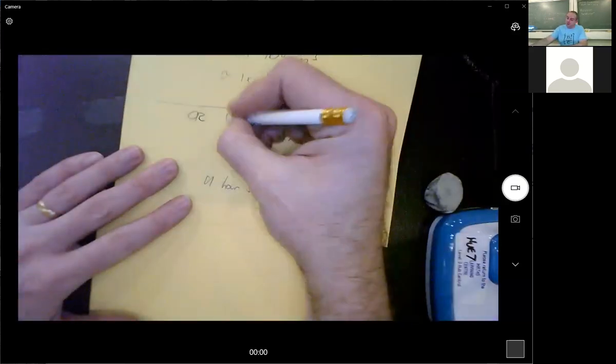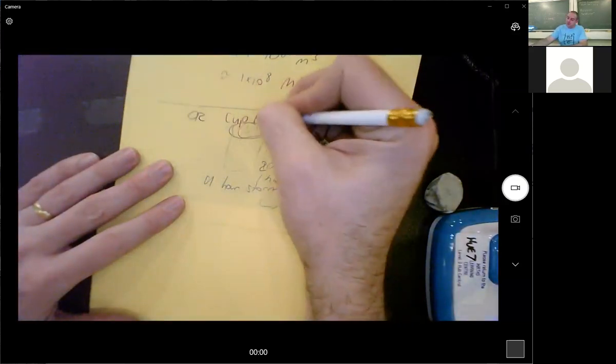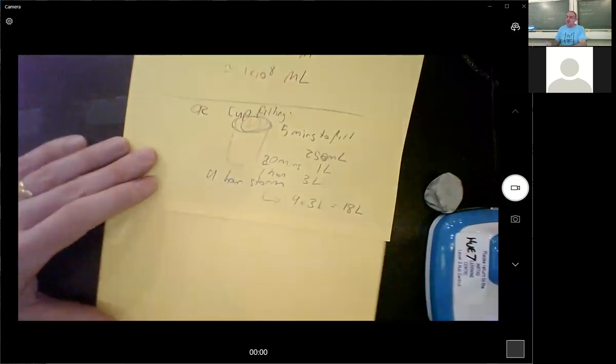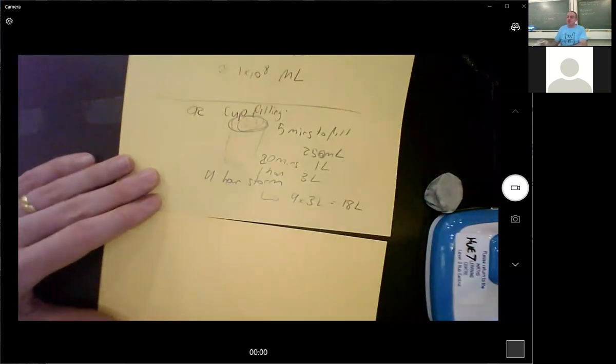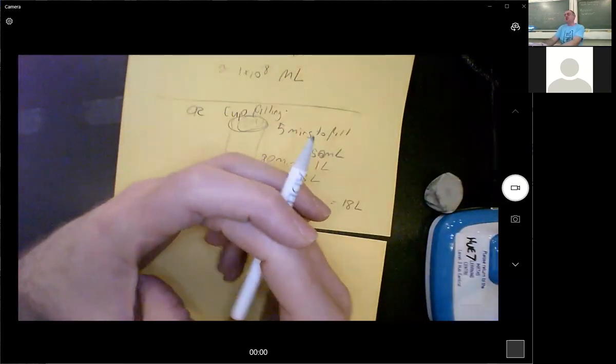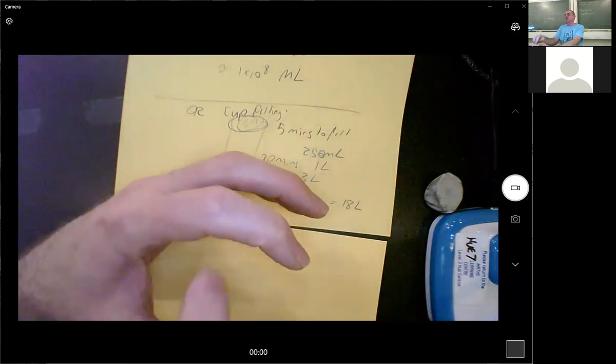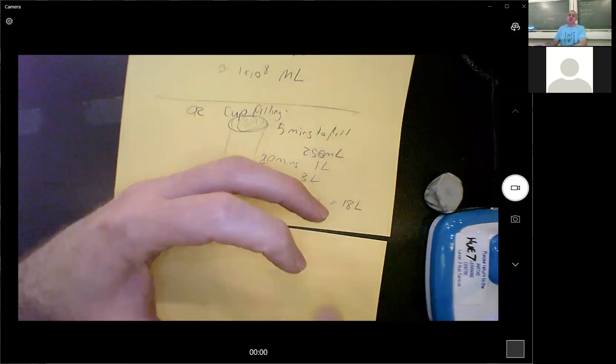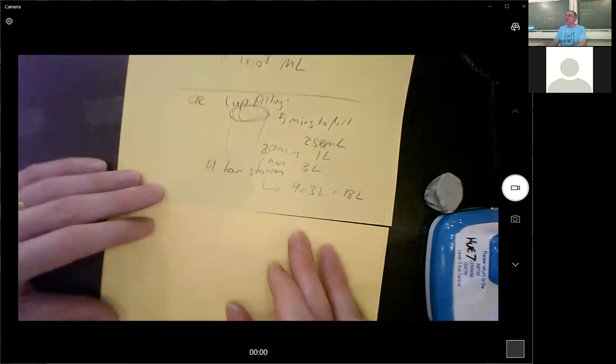So I imagine a cup, and the area that my cup takes up is about this big. I don't know, 20 square centimeters.